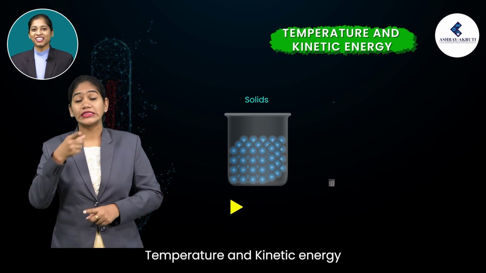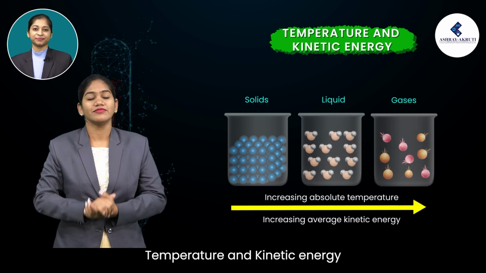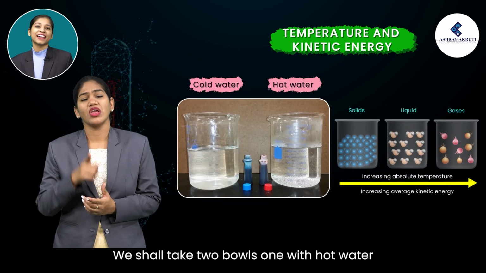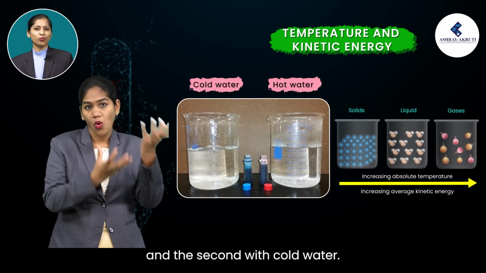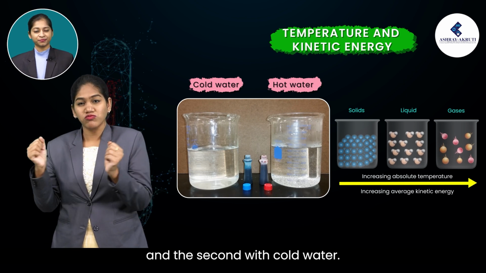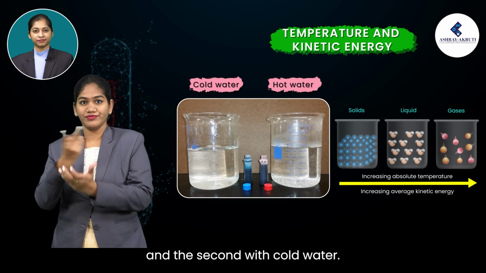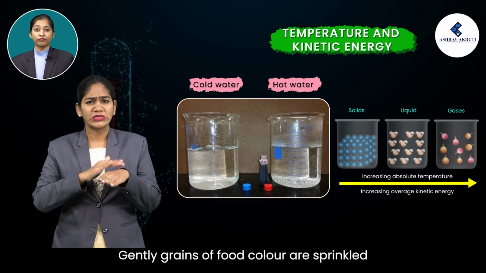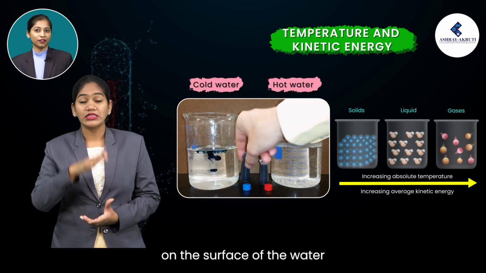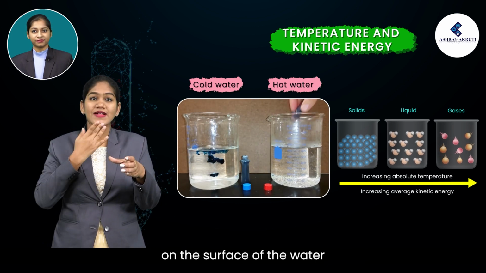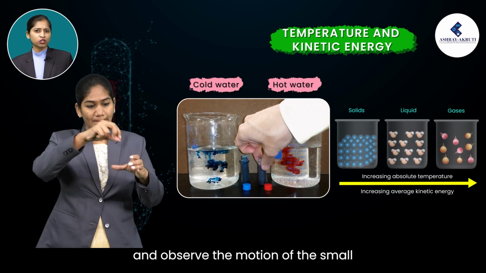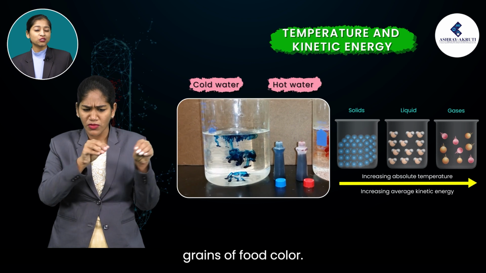Temperature and kinetic energy. We shall take 2 bowls, one with hot water and the second with cold water. Gently, grains of food color are sprinkled on the surface of the water in both bowls and we observe the motion of the small grains of food color.